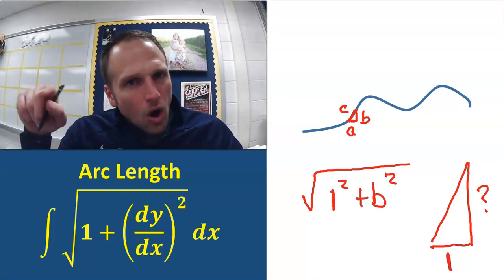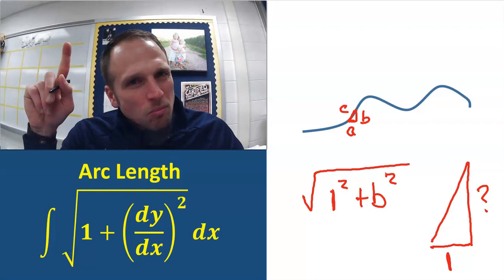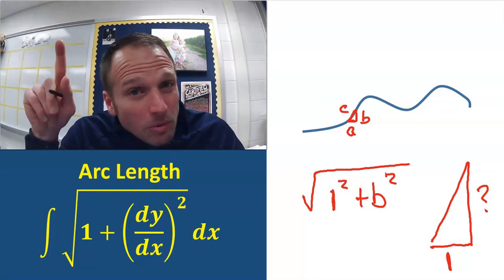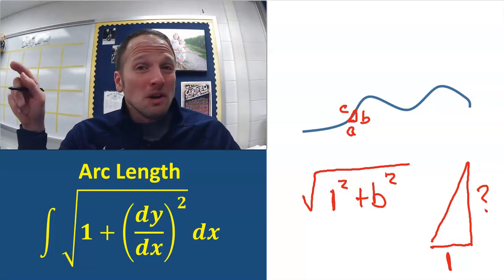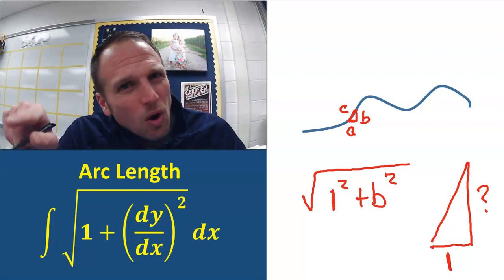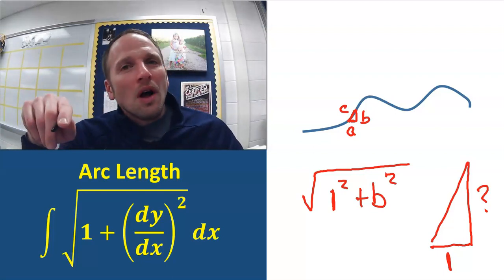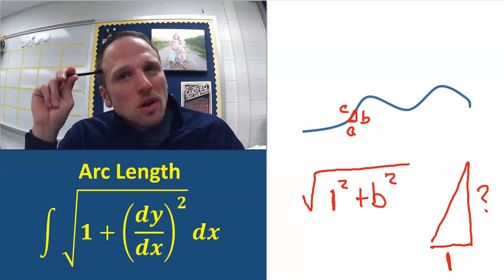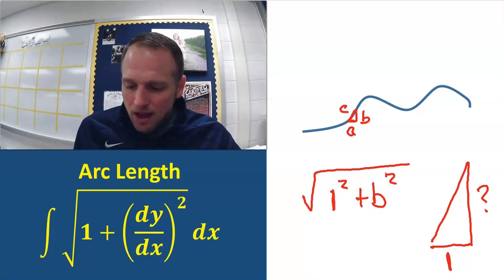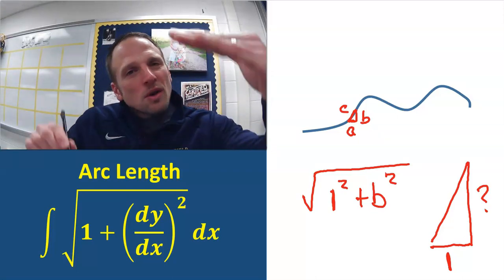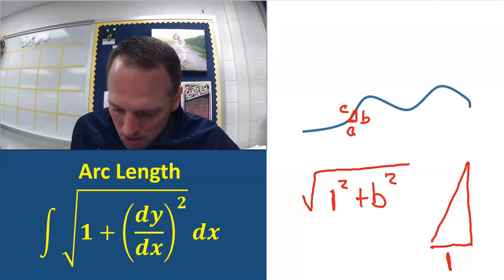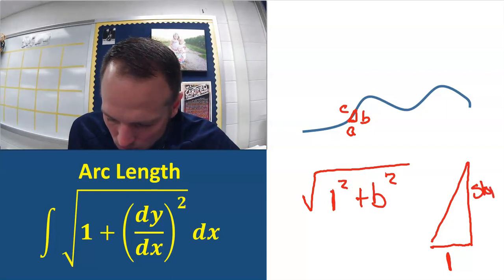Maybe you're used to saying it going up a certain amount and over 1. Maybe that sounds more familiar. If you go up something and over 1, what is that called? That's called the slope, right? So I know that if we go over 1, whatever we go up, this number right here, our B, is going to be our slope.